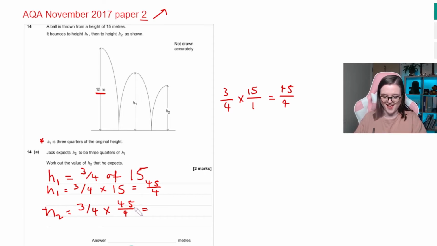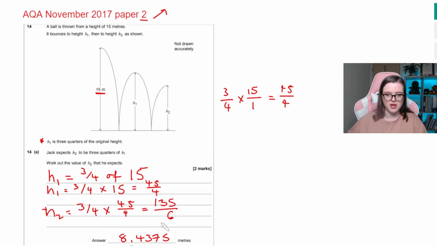I don't know. 45 over 4 times 3/4. Mental maths has never been my strong suit. Written maths, I'm pretty good, but mental maths, I am rubbish. 135 over 16. And then as a decimal, see if it's any good. No, it's not. But we'll write it anyway, just for good measure. Why not?